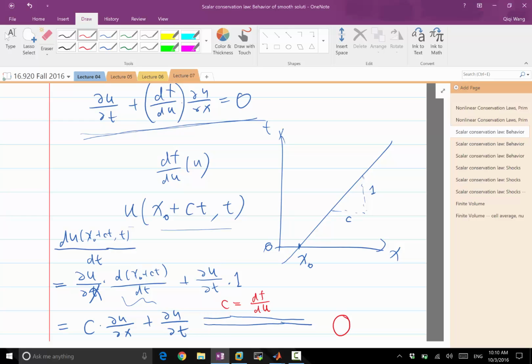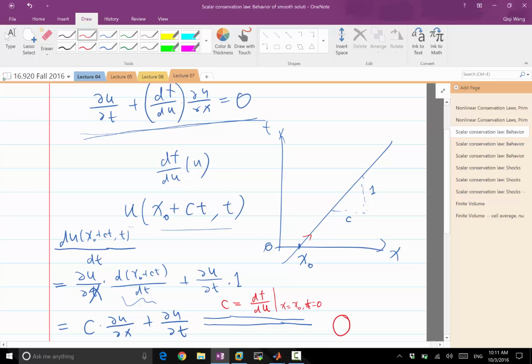So if I choose c to be equal to df/du at x equal to x0 and t equal to 0, then I know that the time derivative of u along that line is going to be 0, which means along that line my u is going to be constant.